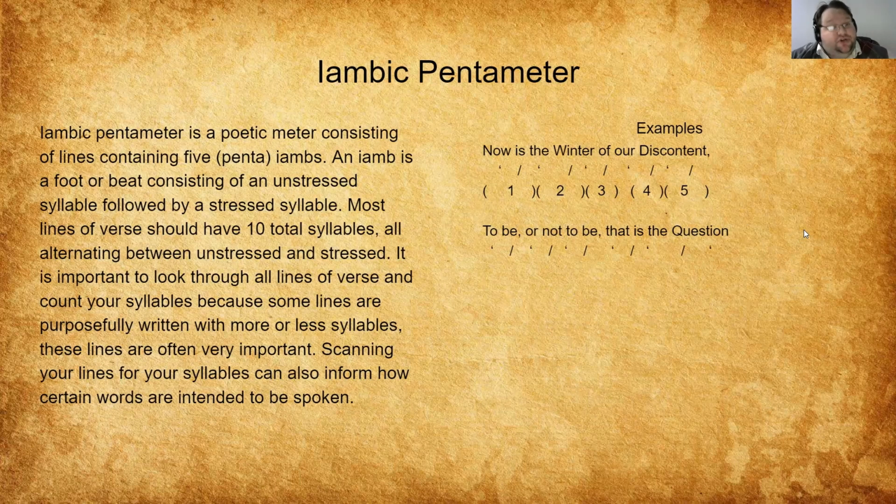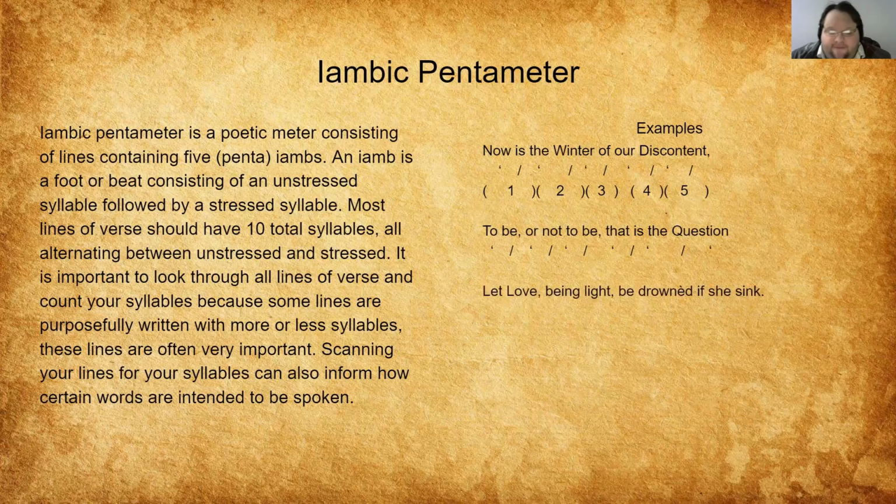That tells you, hey, this line is important. What I generally will do if I have a line that is over or under is mark an 11, or however many syllables it is, at the end of the line. That way, when I'm briefly looking at it, I know, hey, that's an important line.